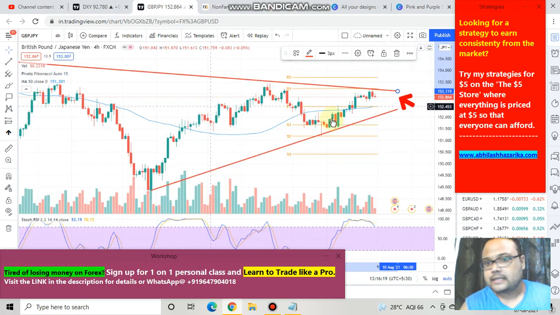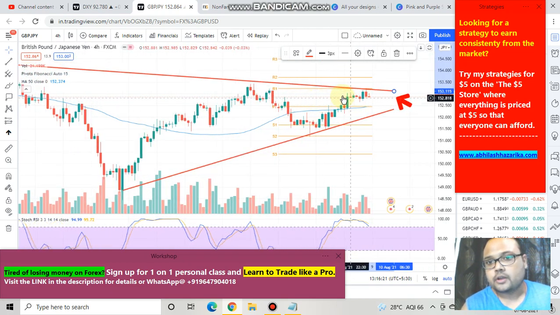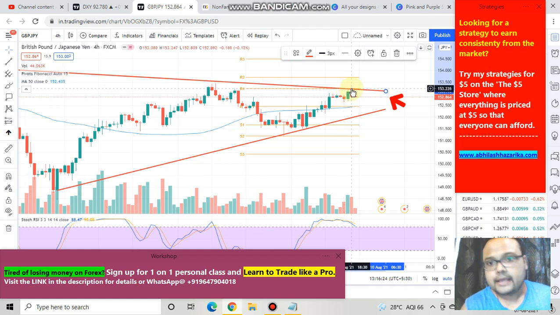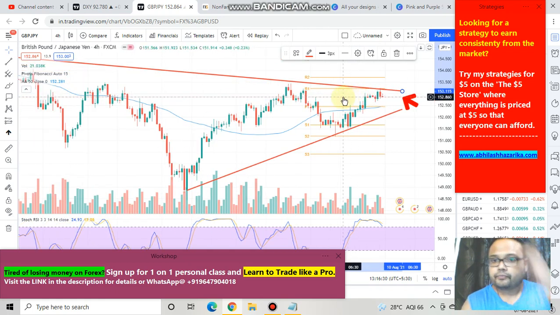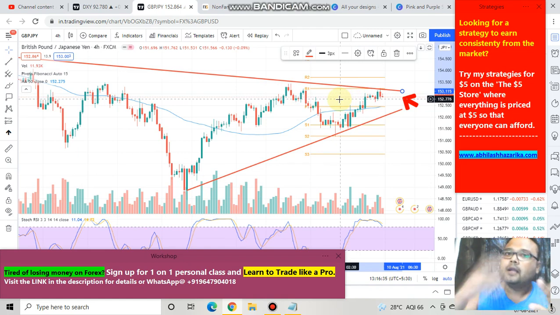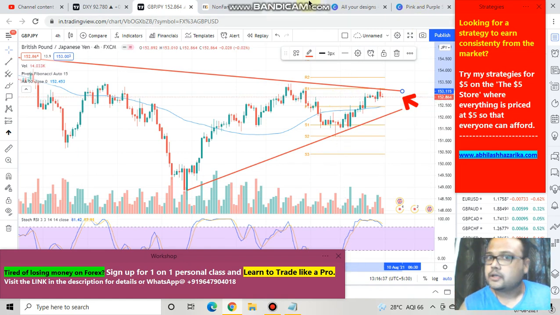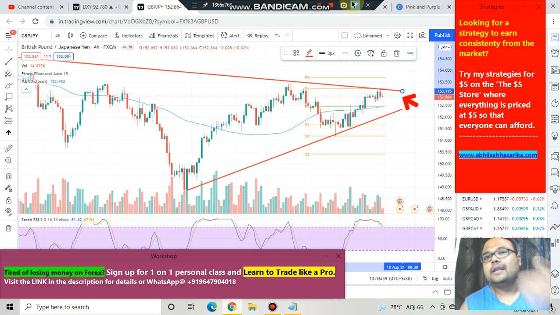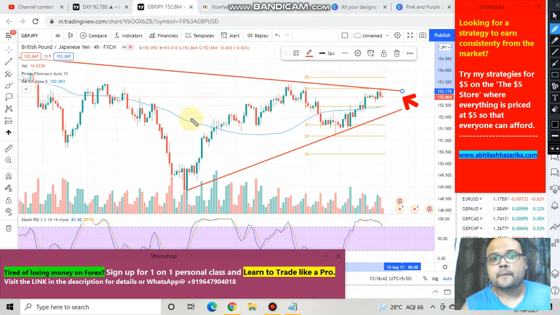And right now you can see that yesterday also the market tried to cross this trend line, but failed, and as a result the market formed a red candle followed by a small red candle again. So on Monday, if you see the market unable to cross this trend line again, you can short the market, because as we all know, the thumb rule of the market says buy at support, sell at resistance, and right now the market is just standing at resistance here, and it seems to be a very good position.